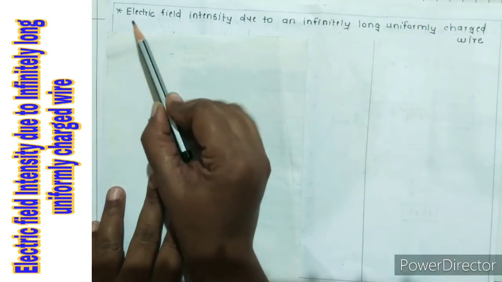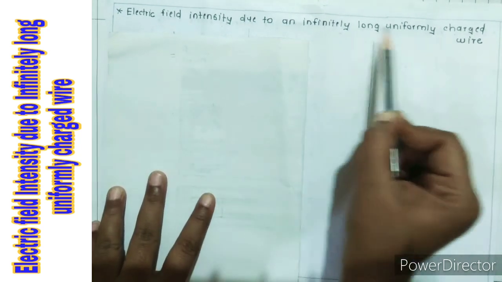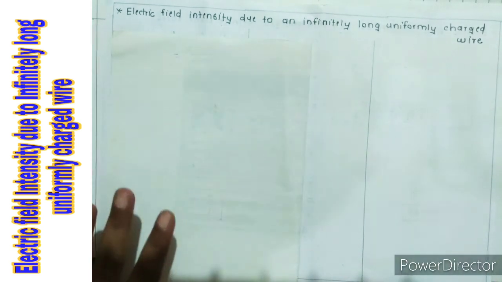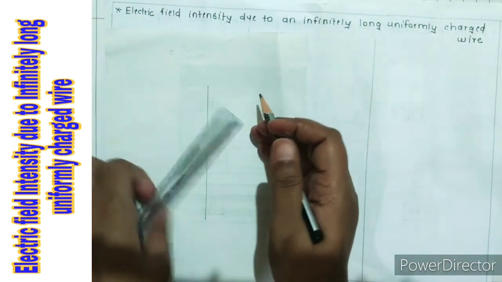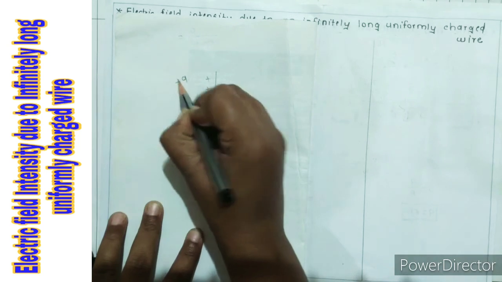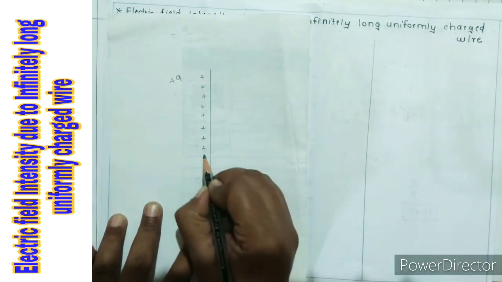So our first derivation is to find the electric field intensity due to an infinitely long uniformly charged wire. Consider a uniformly charged long wire like this, and suppose a plus Q charge is uniformly distributed like this.